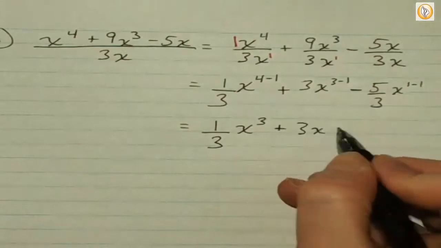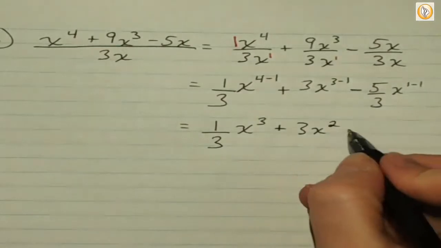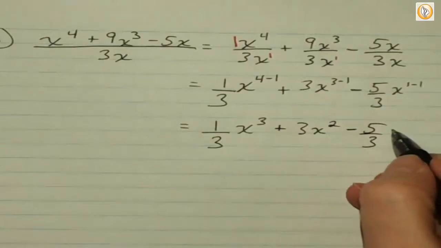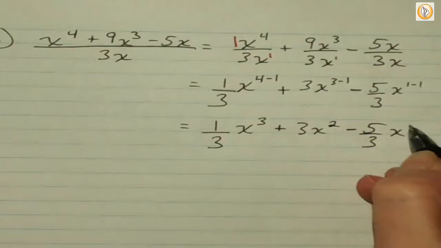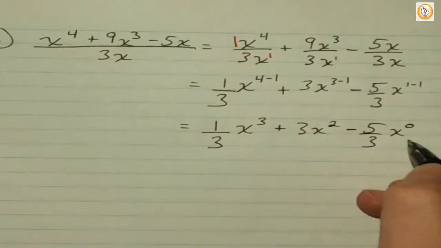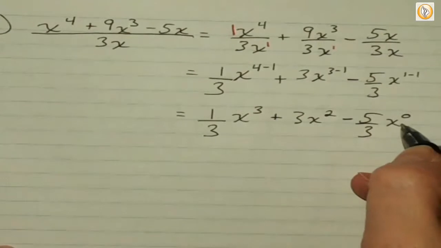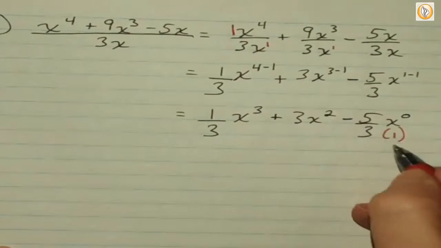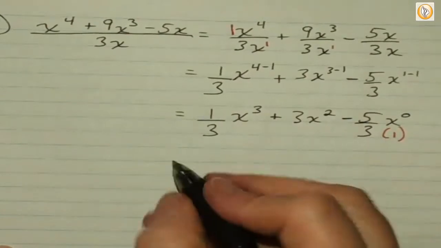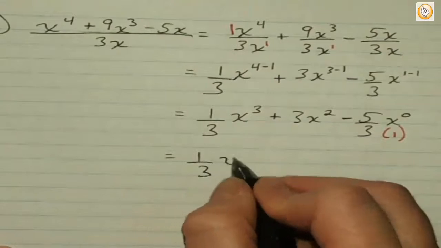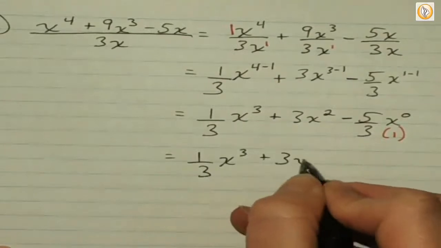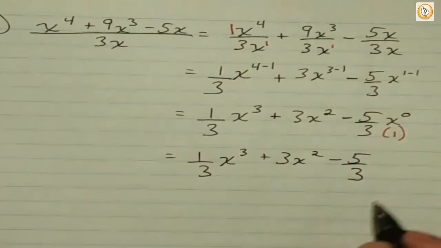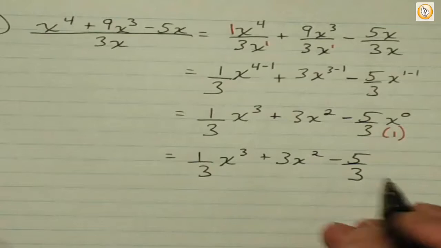Plus 3x to the 2 minus 5 over 3 times x to the power of 0. And x to the power of 0 is 1. So really, we're going to multiply that by 1, so it stays the same. So your answer is 1 over 3 x cubed plus 3x squared minus 5 over 3. No x. Y'all get that?